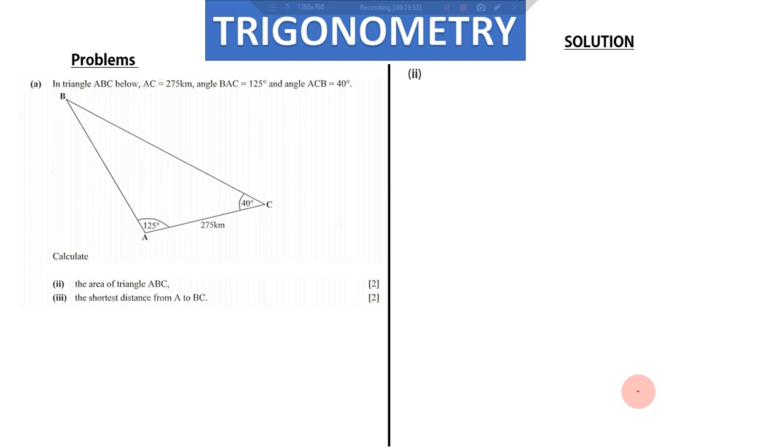The next question talks about the area of ABC. They want us to calculate the area. Do you still remember that formula? Good, that is the formula over there. Now, this formula is not restricted to just the way it is. It is dependent on the letters of your triangle, so these letters will be changing depending on the letters of your triangle.